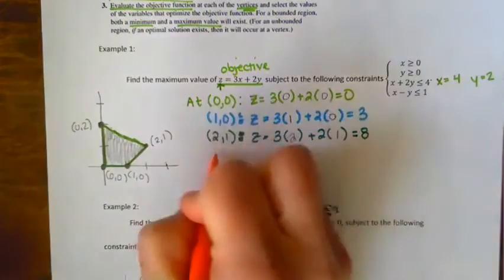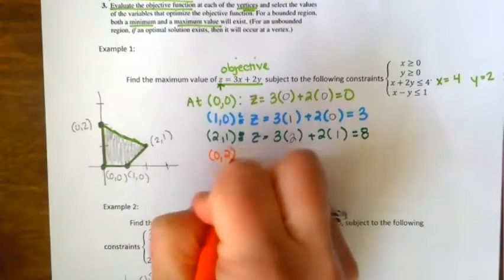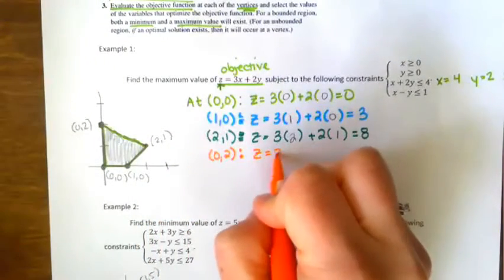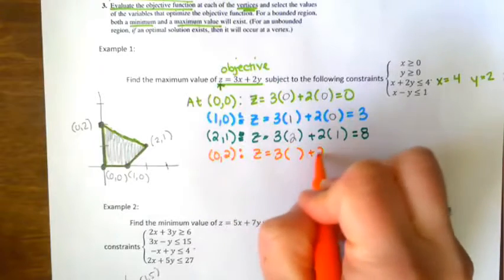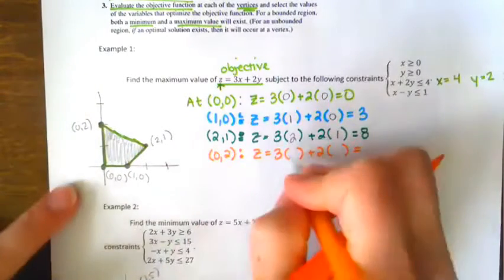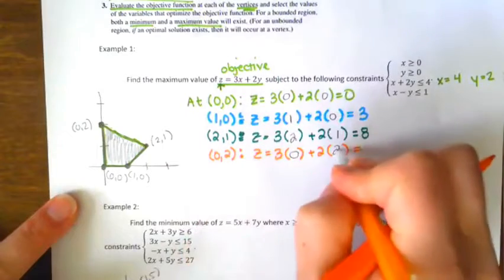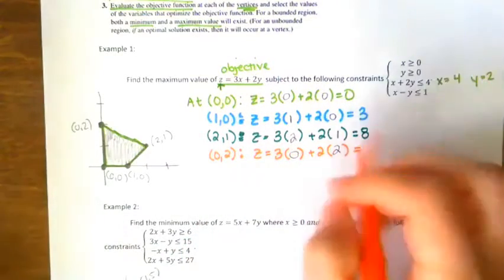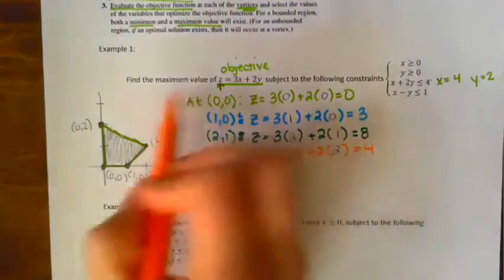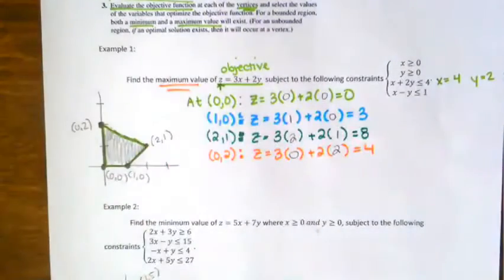Our last point would be (0, 2). So z equals 3 times something plus 2 times something. In this case, x is 0 and y is 2, and we get 4. Now looking at these, do we have a maximum value? It said find our maximum value. What can we conclude here?